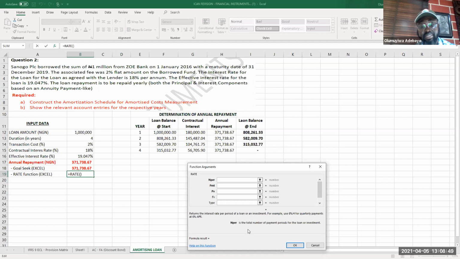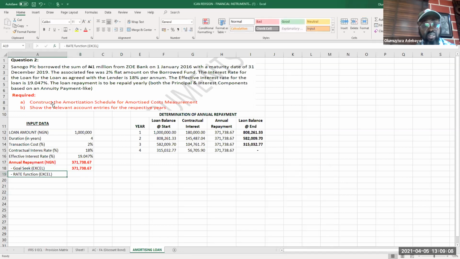NPER means the total number of payment periods for the loan. Since it is 4 years, I'll click here: 4 payments annually, 1 per year. How much is the payment? Sorry, I'm not looking for rate now, I'm looking for payment. Therefore, I need to change it to the PMT function.